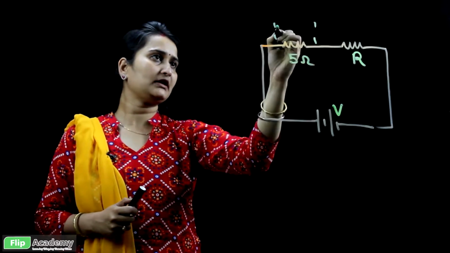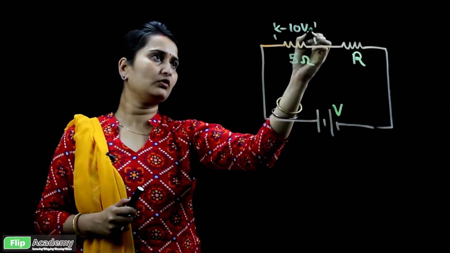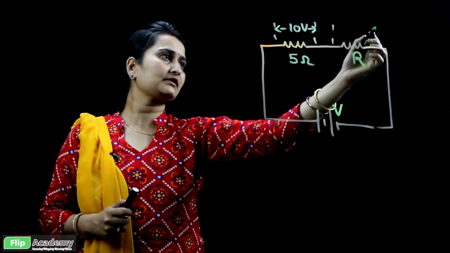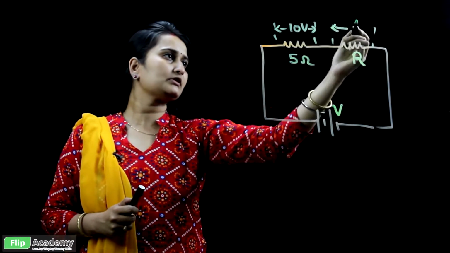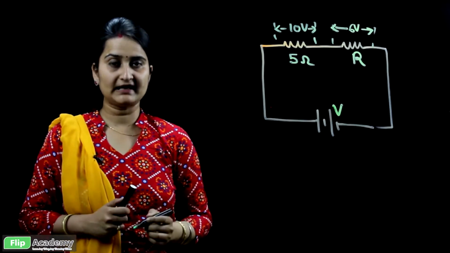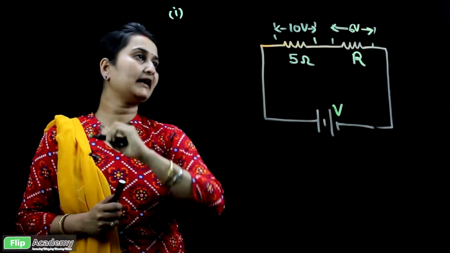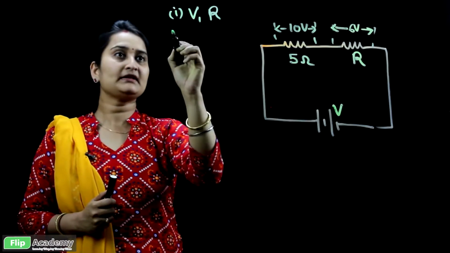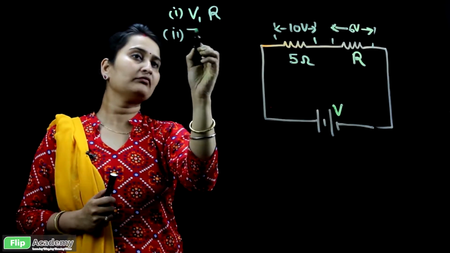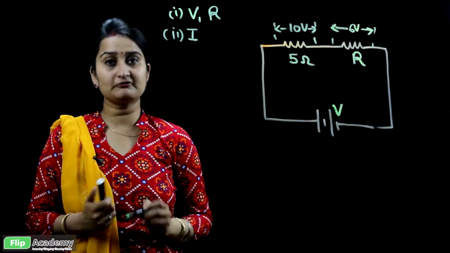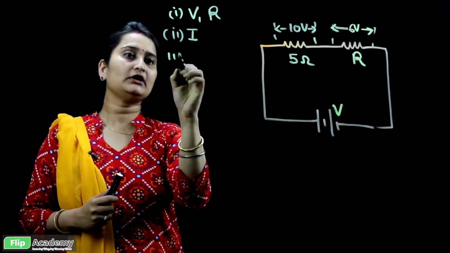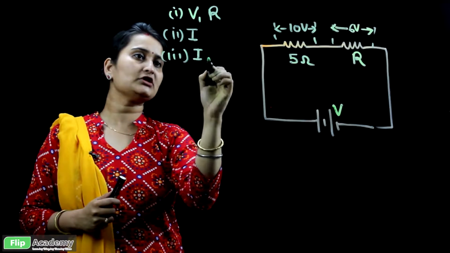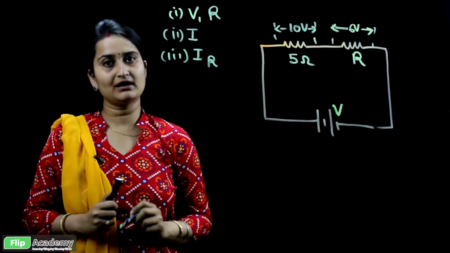Across it, the potential is 10 volt and across this, the potential is 6 volt. So what do you have to find now? First, you have to find the value of V and R. Second, you have to find the total current which is flowing in the circuit. Third, you have to find the current which is flowing in capital R.